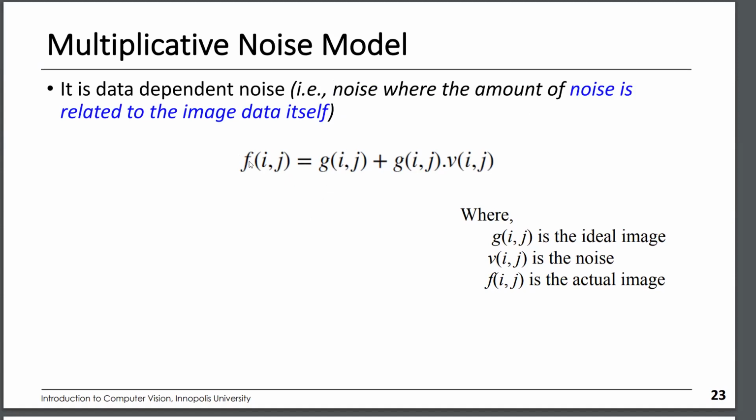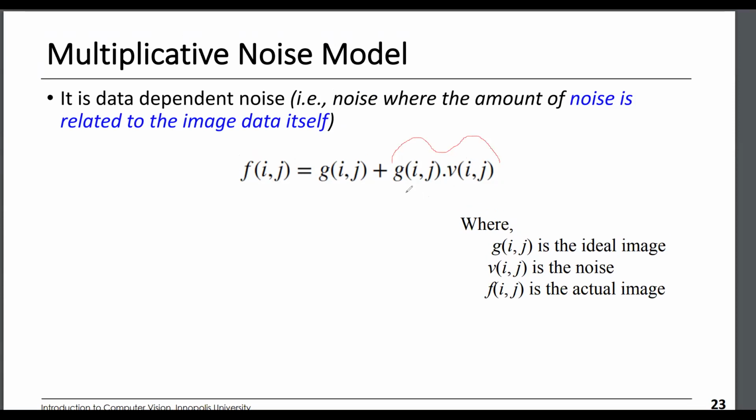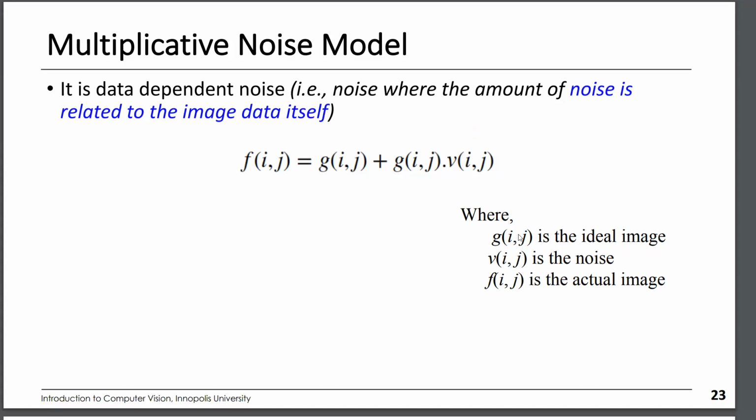Here your actual or output image is equal to the ideal image, G, plus the original image multiplied by some noise. This is the noise term, and the noise term is data dependent. So this is the more problematic case, and usually it's a bit harder to fix than the additive models.